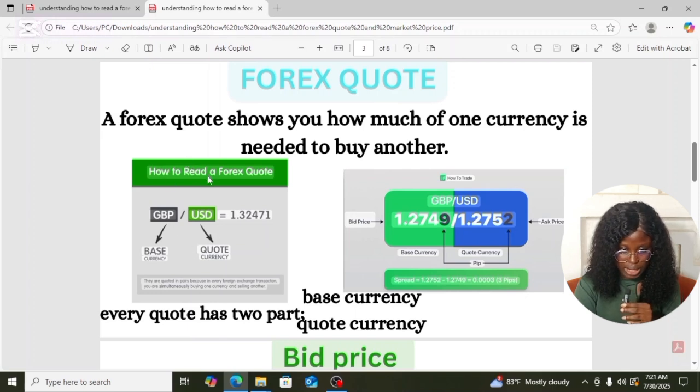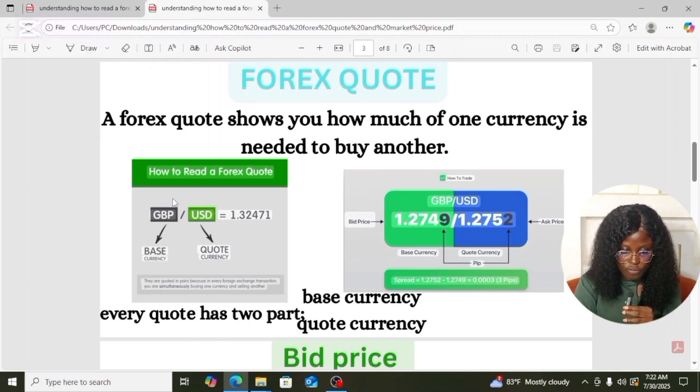Look at this. How to read a forex quote. This is GBP/USD. This is a currency pair, and this one is the base currency, and this the quote currency. I already explained this in my previous lesson, but there's always a recap, and all these lessons are always interconnected. They keep showing up in everything we are doing. So look at this now.